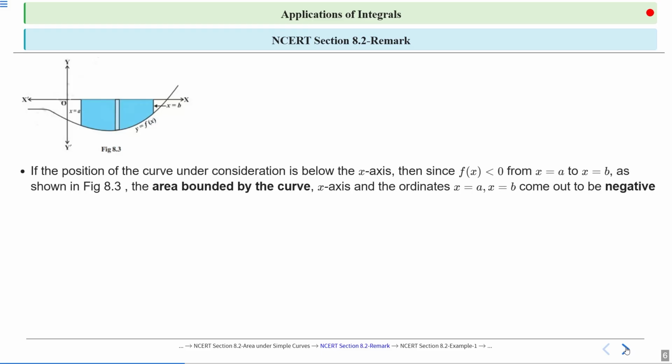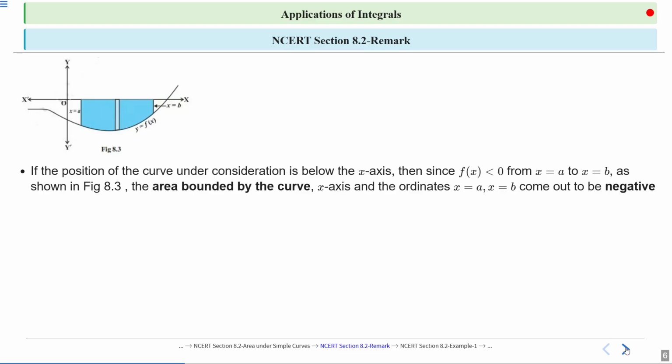So in this figure, the position of the curve under consideration is below the x-axis, so f(x) is less than 0, f(x) is negative from x = a to x = b. Just carefully observe the figure.